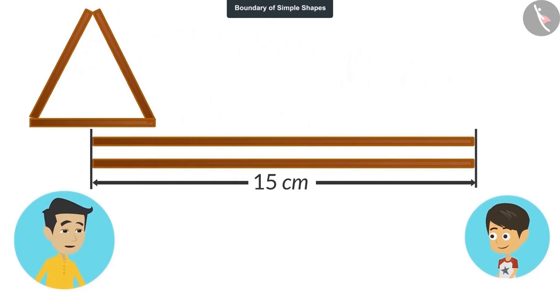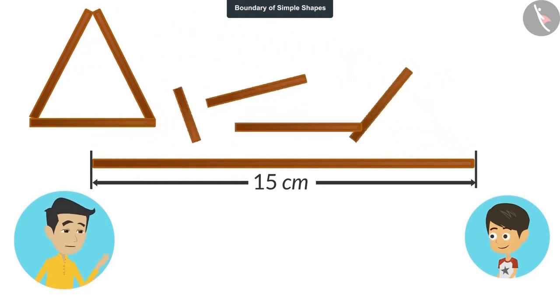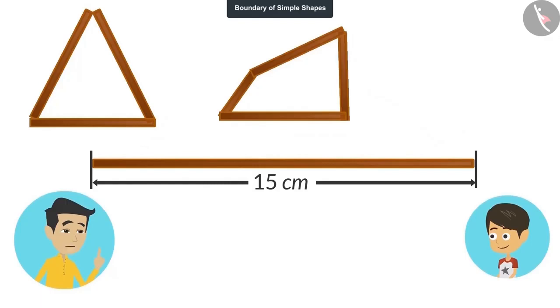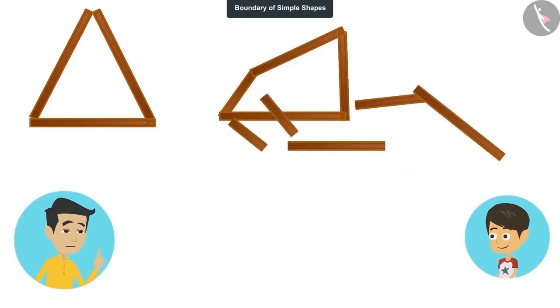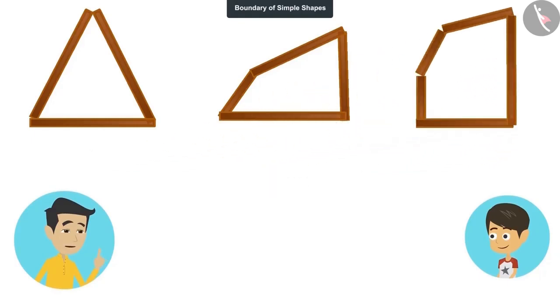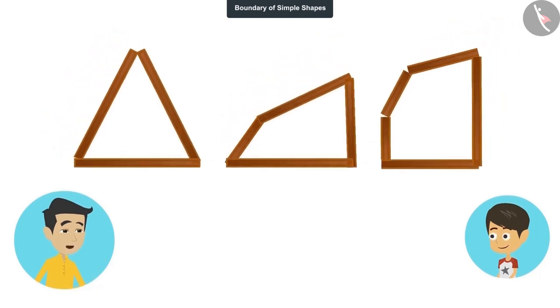In the same way, I cut the other stick into 4 parts and make a shape from it. And finally, I cut the third stick into 5 parts and again make a shape from it. Now there are 3 such figures in front of you that are made from sticks of equal lengths.